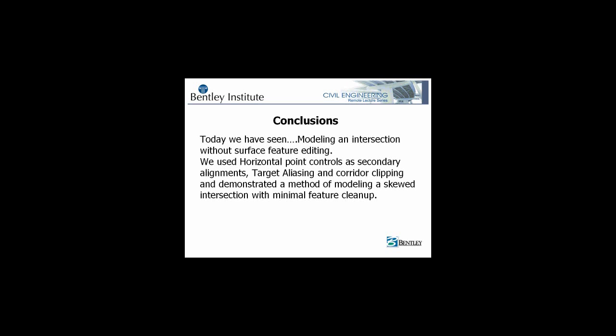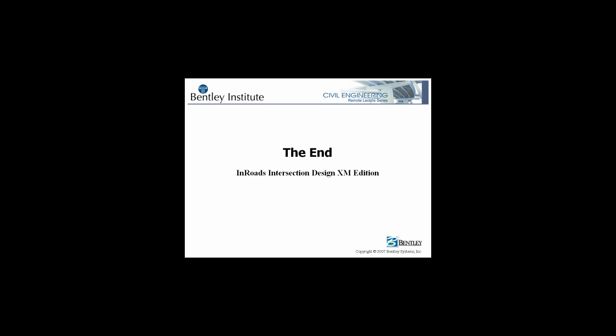I took target aliasing and corridor clipping and used it to generate a model that is combined and removes the mainline pavement that you don't need. And then I demonstrated a method of modeling a skewed intersection with minimal feature cleanup. And that's the end, and this concludes my InRoads Intersection Design XM Edition.